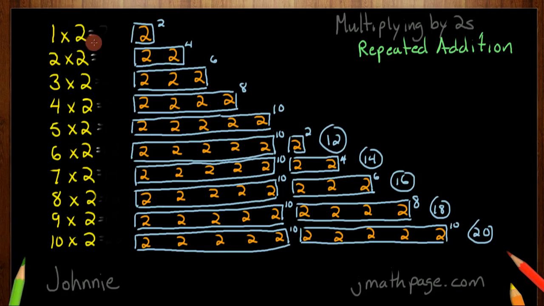Okay? 1 times 2 equals, what do you think? 2 times 2 equals, 3 times 2 equals, 4 times 2 equals, 5 times 2 equals, 6 times 2 equals, 7 times 2 equals, 8 times 2 equals, 9 times 2 equals, and 10 times 2 equals.